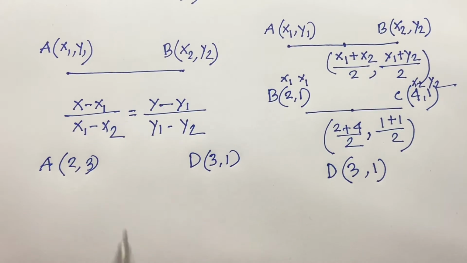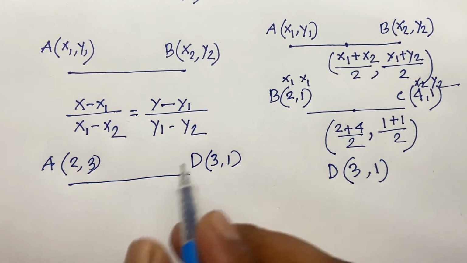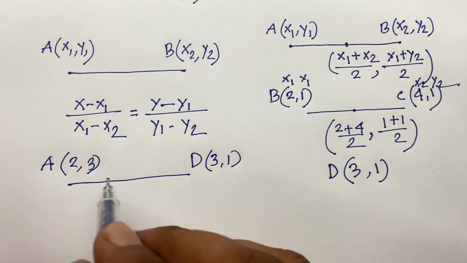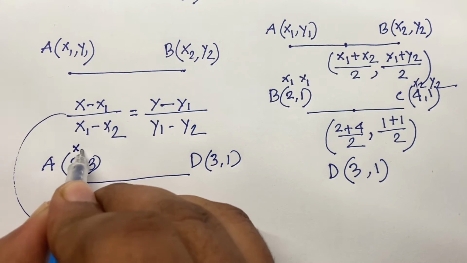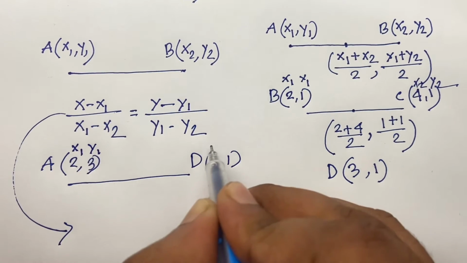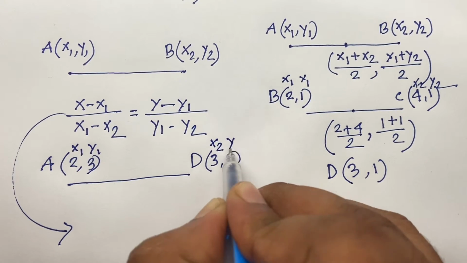Now if I join both points, this is a straight line. So according to those rules, this is x1, this is y1, this is x2, this is y2.